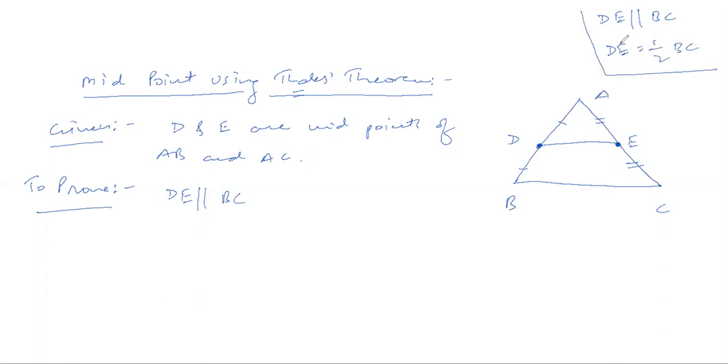This is the statement of the midpoint theorem. So the parallel part we can prove easily using Thales theorem. But to prove the half part, we'll have to apply a similarity that we have not studied so far. Whenever we study that similarity, I'll tell you how we can show this. But for now we'll prove this only, that DE is parallel to BC.